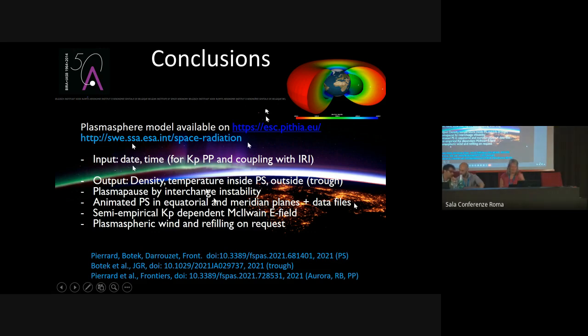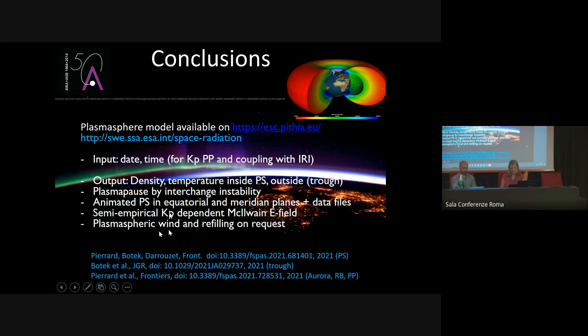obtained, but then you need more than 24 hours, for instance, because this process takes more time than 1 day. As I mentioned, the plasmaspheric wind appears only if you have a long period of low activity.